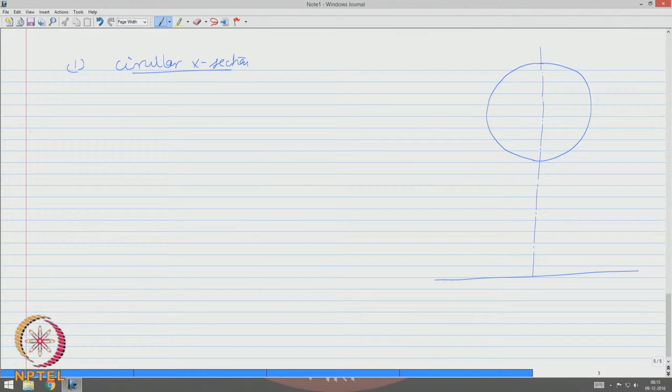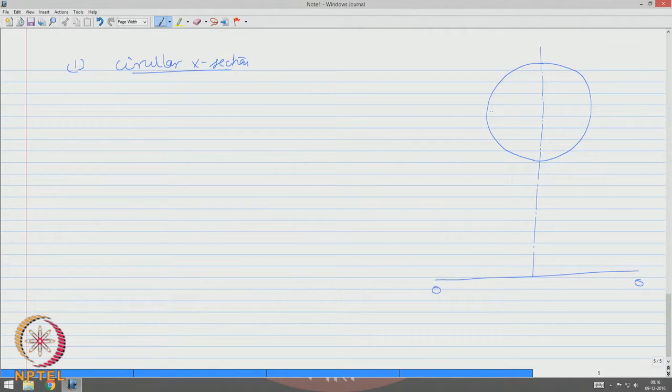Let us take a circular cross section. Let us say this is my axis of reference where I am going to mark my center of curvature.